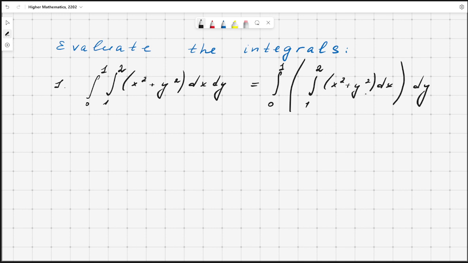The first integral from 1 to 2 of x squared plus y squared dx. We consider that y is constant. In this case, the integral of x squared with respect to x is x cubed over 3.